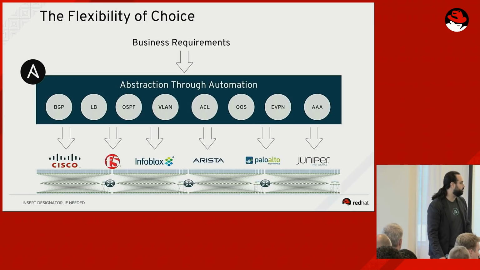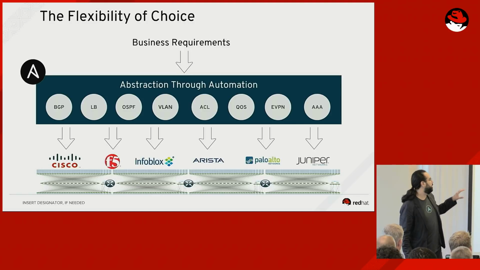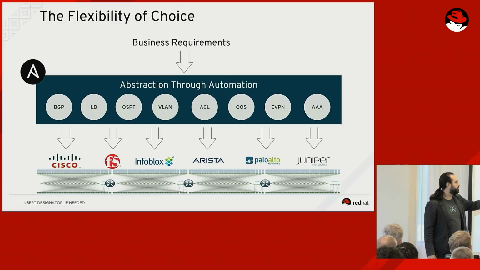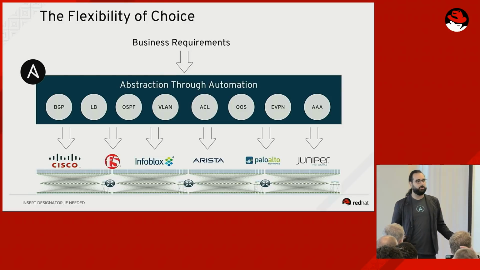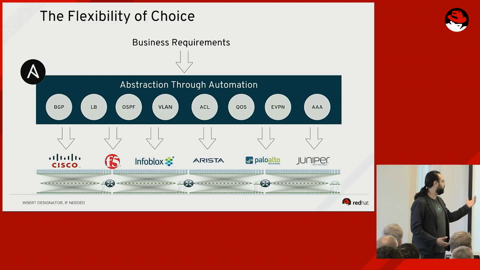If we try to see the big picture, it's pretty much like having an abstraction layer between my infrastructure components and the different automation that I want to do. And when you see these names here, like BGP, load balancer, OSPF, etc., see those as roles. So you have a role which is responsible for BGP configuration.